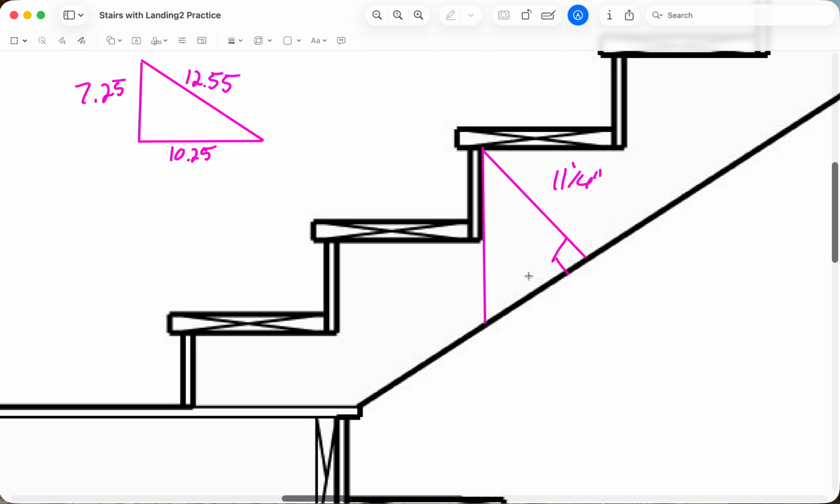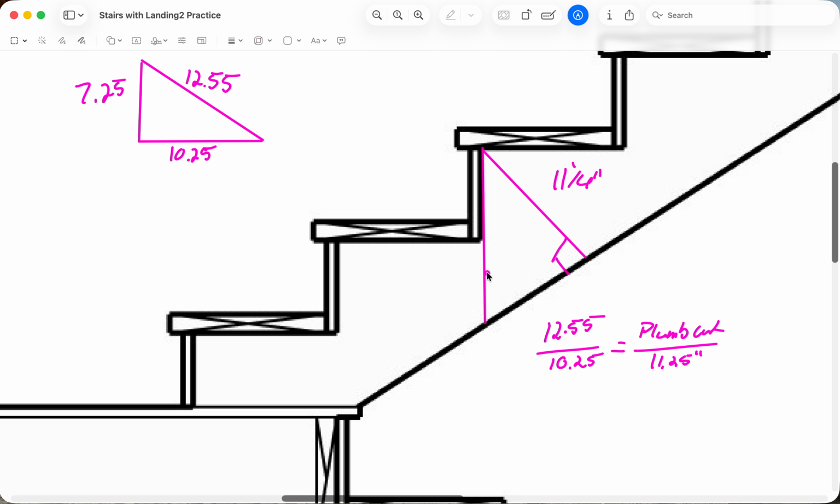We could use similar triangles to solve for the hypotenuse here. So just go with me on this, all right? If we use our similar triangles, we're going to go hypotenuse over run. Okay, so hypotenuse over run is equal to plumb cut over 11 1/4.